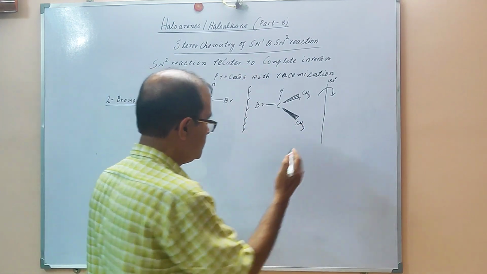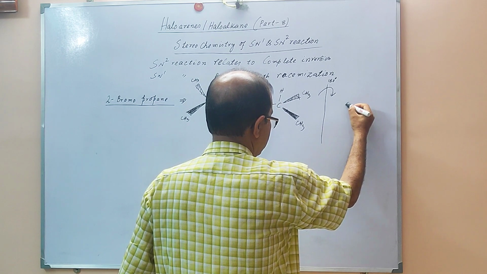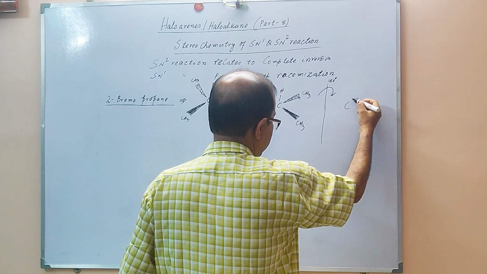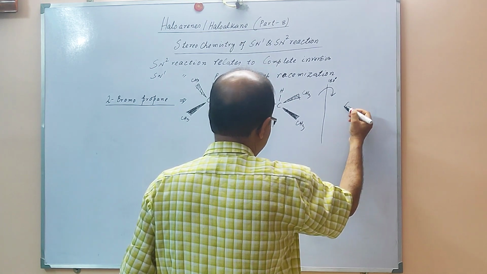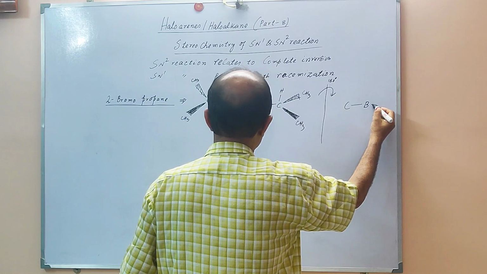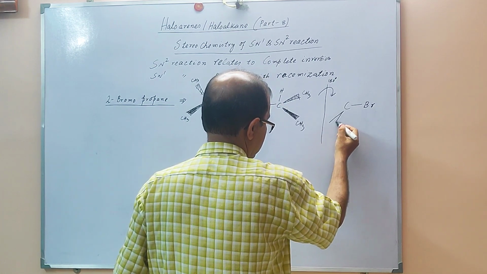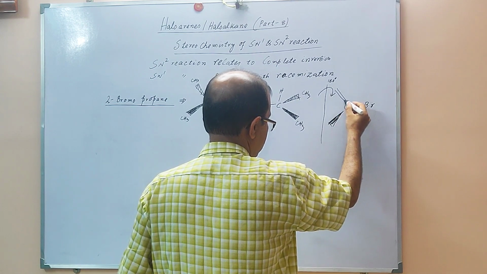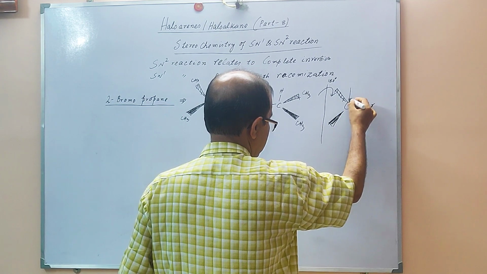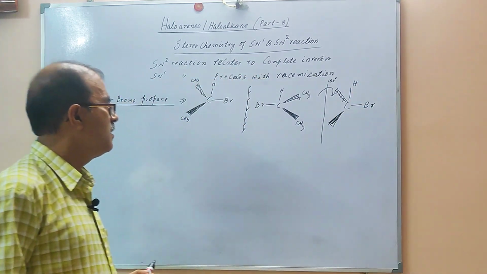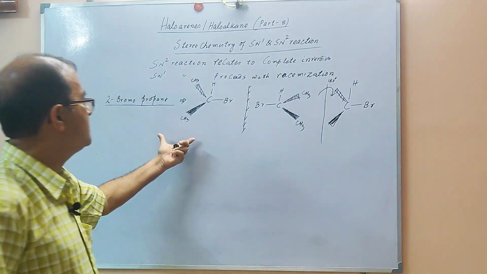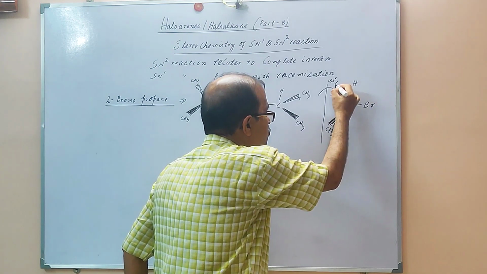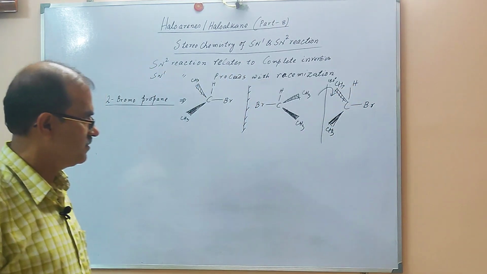So when we rotate this by 180 degrees, now we can see that this can be easily superimposed because both the groups joined here are CH3 groups.